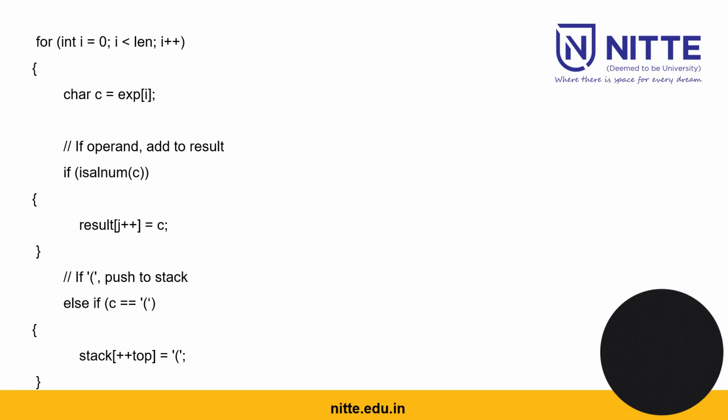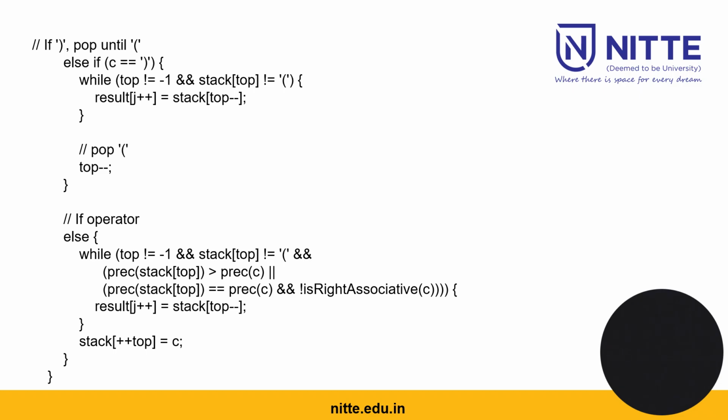So I will increment the top, top plus plus, and it will become the new top of the stack, and at that position I will assign the opening parenthesis. Now if I encounter a closing parenthesis, then I have to pop all the elements till I encounter the opening bracket in the stack.